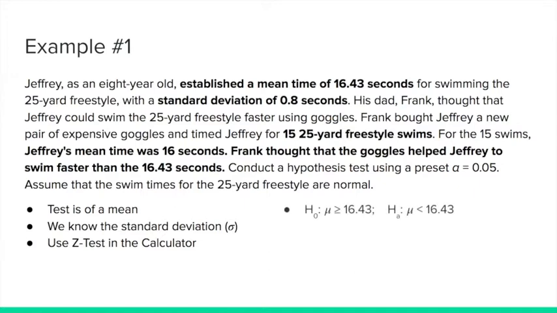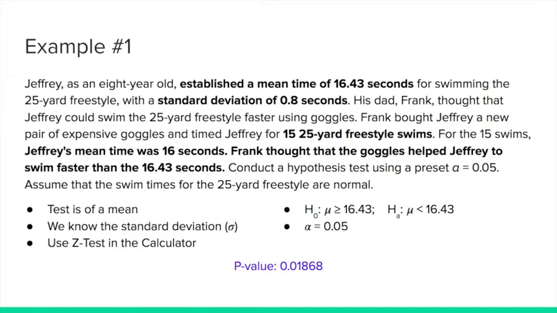Next, we want to write out the null and the alternative hypotheses. We've walked through several of these, so I'm just going to fly through this part a little bit. The null hypothesis: mu is greater than or equal to 16.43. Alternative is that it's less than 16.43. Our significance is 0.05.